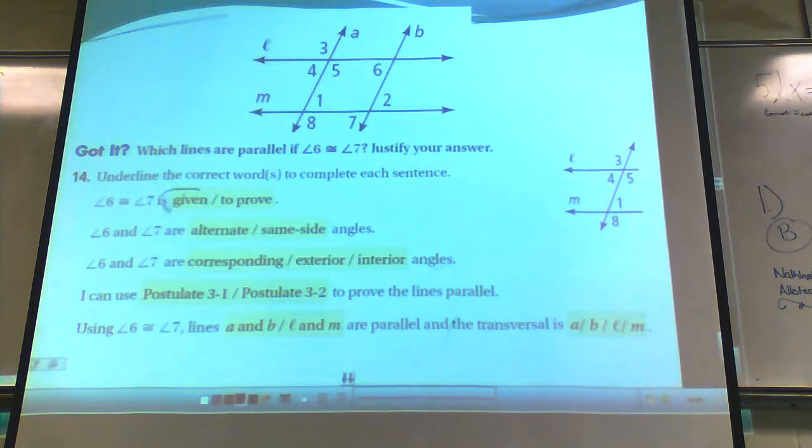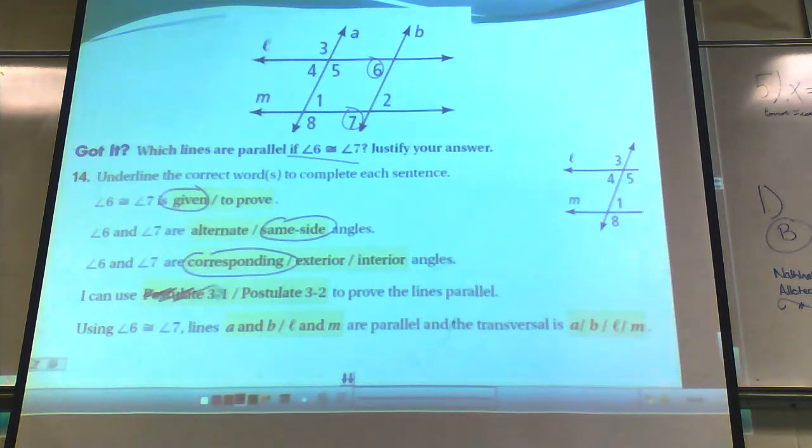Given, right? Okay, because it says right here, if 6 and 7, so I know that's my given. You kind of think hypothesis, so that's what I want there. And then if you look at the picture, here's 6, here's 7. Are they alternating or are they on the same side? Same side. They're both not on the exterior, they're both on the interior.